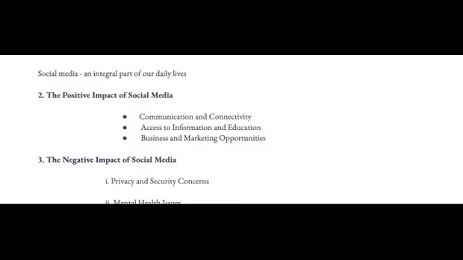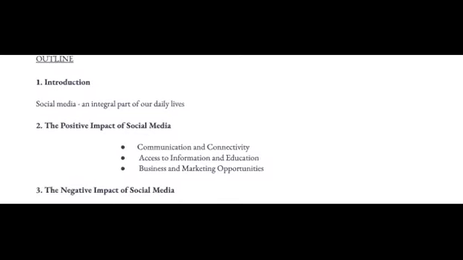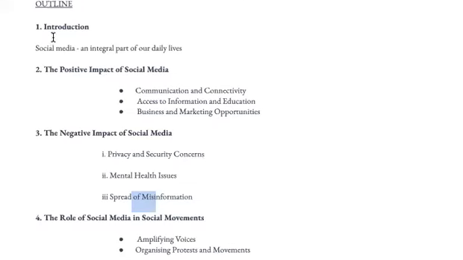Here. So an outline would look like this. Introduction: social media, an integral part of our daily lives. The positive impact of social media: communication, connectivity, access to information, education, business and marketing opportunities.